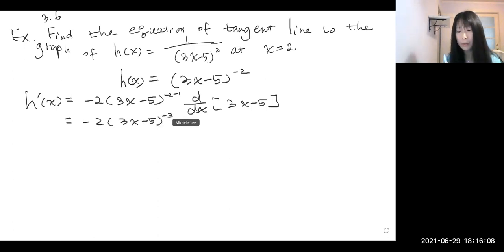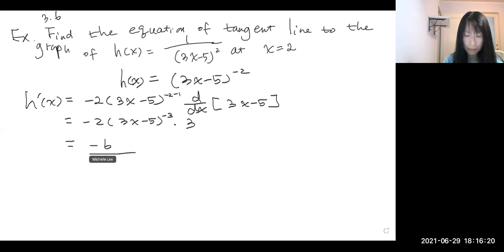Then we take the derivative of 3x minus 5, which is 3. So we have -6 over 3x minus 5 to the third power, right?